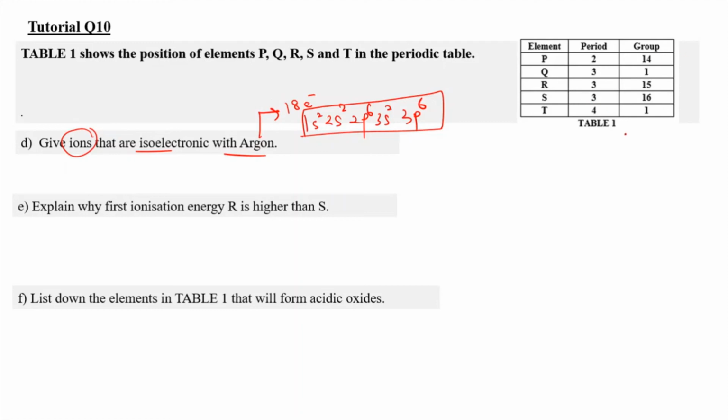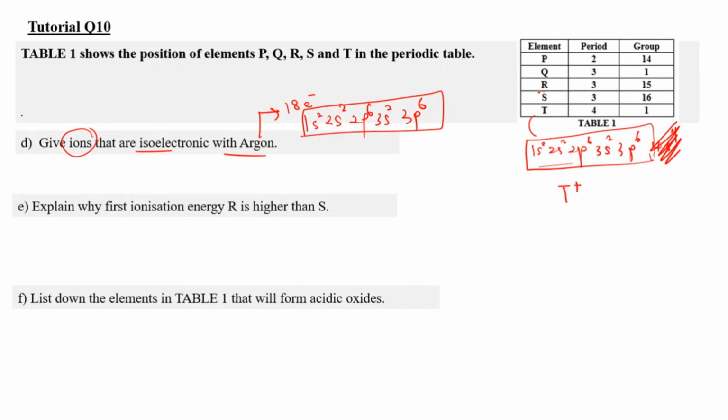So for this case, we have T here. We're going to have the electronic configuration of 1s2, 2s2, 2p6, 3s2, 3p6, 4s1. So T can remove one electron in order to become isoelectronic with argon. So the ion here is going to be T plus.